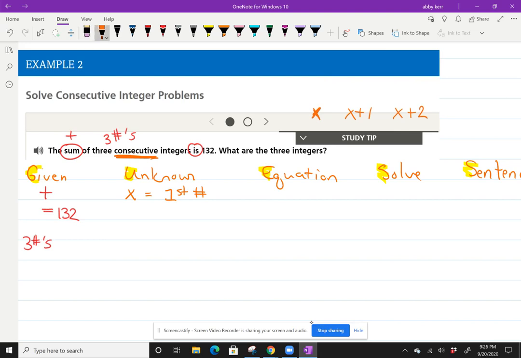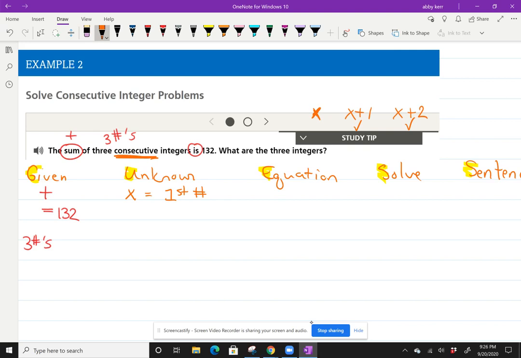Let's say I pick 9, 10, and 11. Let's do this. 9 plus what gets you 10? Hey, it's 1. 9 plus what gets you 11? Oh, it's 2. So that pattern, the x plus 1, x plus 2, is always going to work with 3 consecutive numbers.